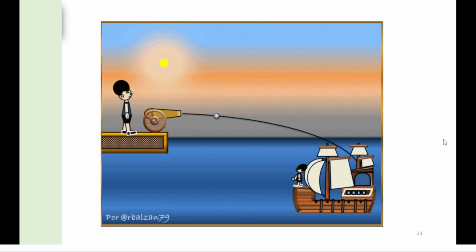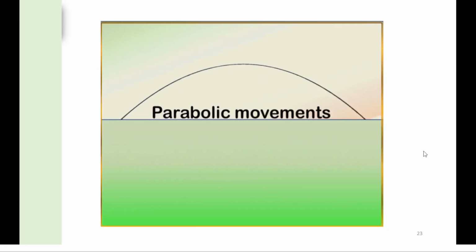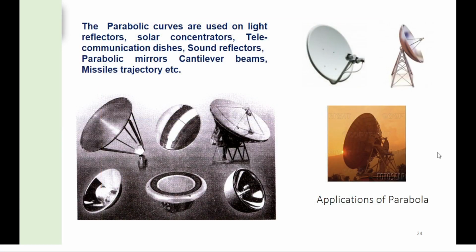So for ballistic missiles, the path followed will again be a parabola. Again, these are important examples of parabola. These are emitters or receivers of signal.